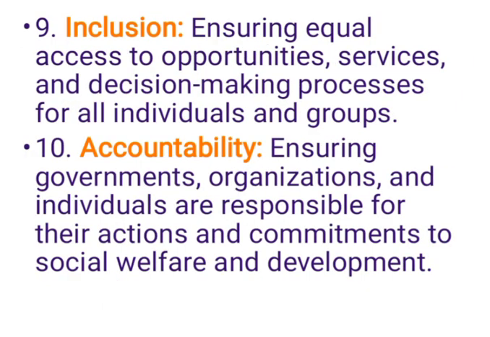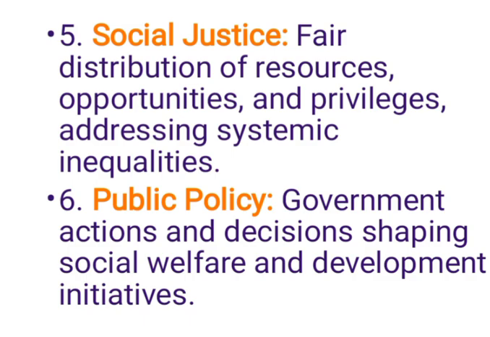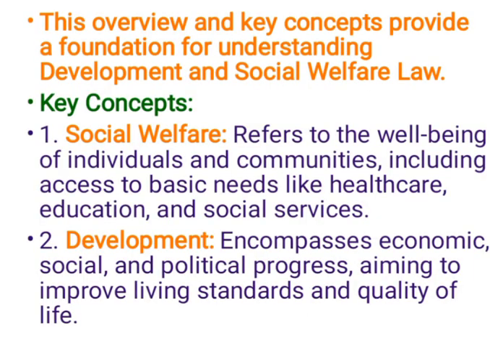Then inclusion, in this course, simply means ensuring equal access to opportunities, services, and decision-making processes for all individuals and groups. And accountability means ensuring governments, organizations, and individuals are responsible for their actions and answerable to communities on social welfare and development. So there are about 10 common themes or key concepts that we are going to look at.